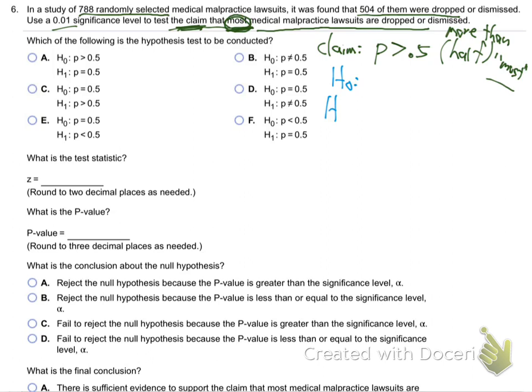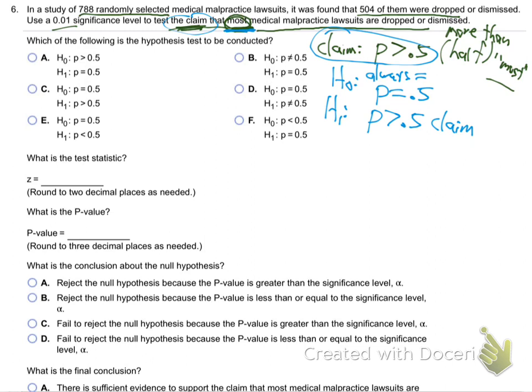So let's write the null and alternative hypothesis. All right, so how do we do this? Well, you know, the null is always equals. So this is P equals 0.5. Then what's the alternative? It must be greater than 0.5. And that's the claim. You want to write claim by one of those two. The claim is right here, that most, more than 0.5.